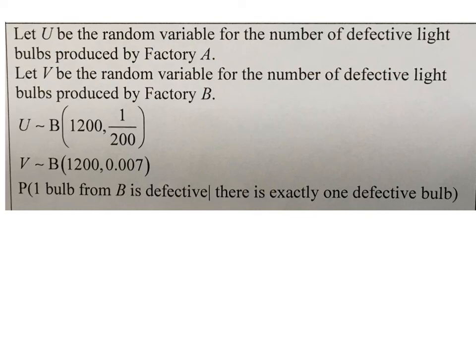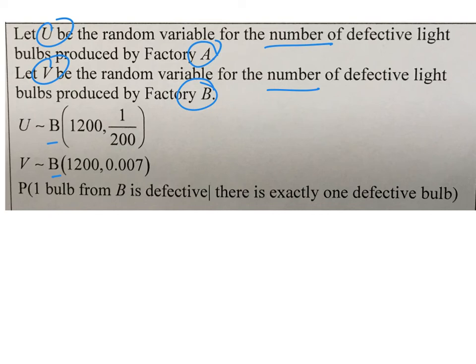We let U be the random variable for the number of defective light bulbs produced by factory A, and V be the random variable for the number of defective light bulbs produced by factory B. Each of these random variables follows a binomial distribution.